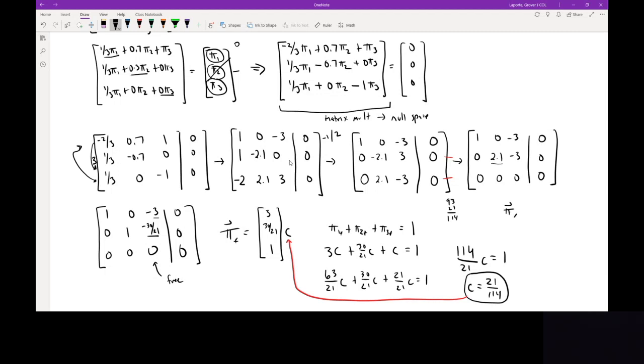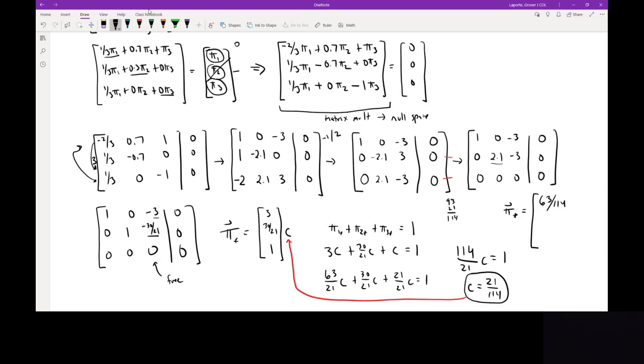So pi star must equal to 3 times 21. So that would be 63 over 114. The next one would be 30 over 21.